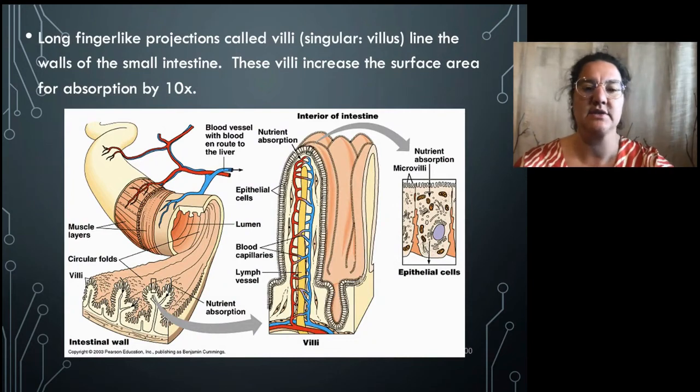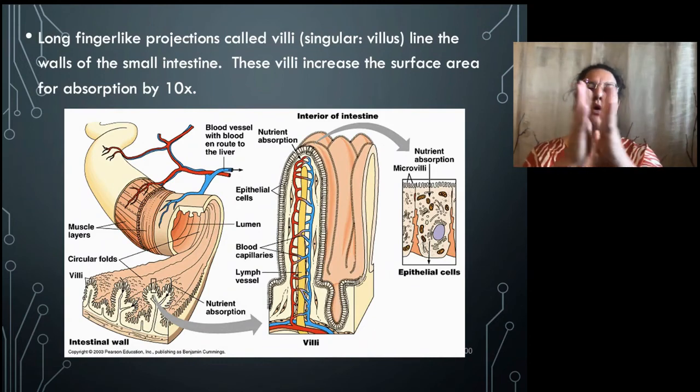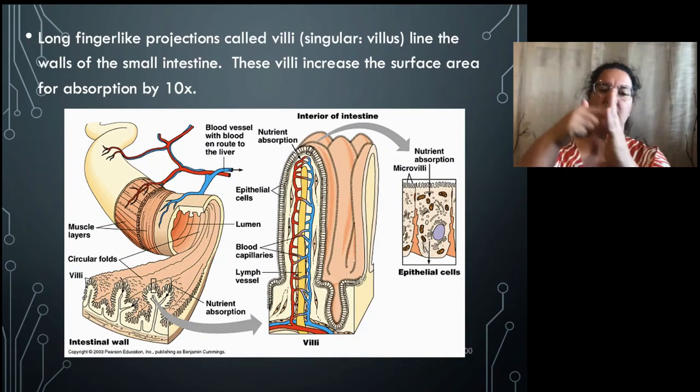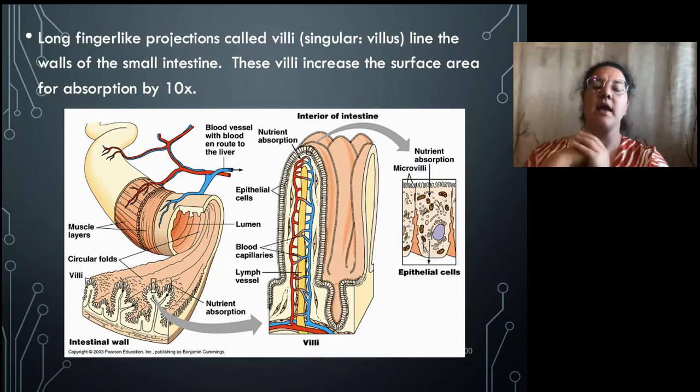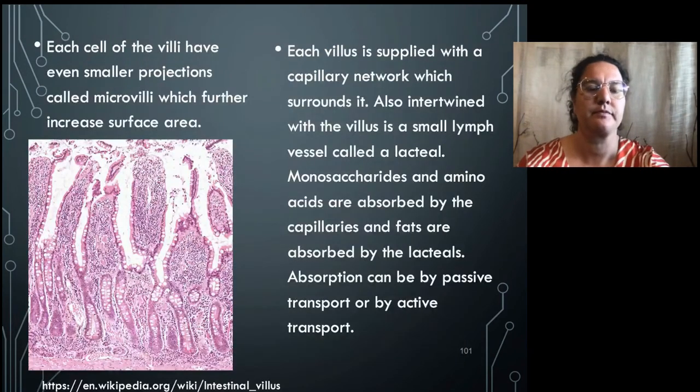In the small intestine, there are a lot of finger-like projections called villi, which line the walls of the small intestine and increase the surface area by about 10 times. So all these small projections, and then that chyme and that fluid will go between all of them, increasing the surface area for absorption into our circulatory system.